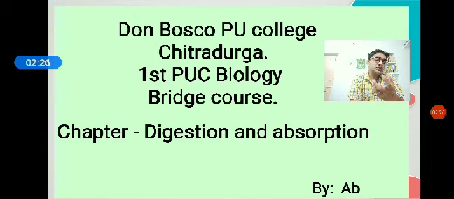For example, the heart. What is the function of the heart? How does it pump the blood, how does it receive the impure blood, and how does it pump the pure blood without mixing of pure and impure blood? Such functional study we call physiology.